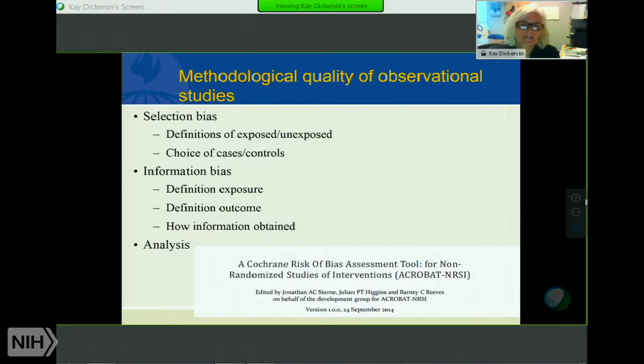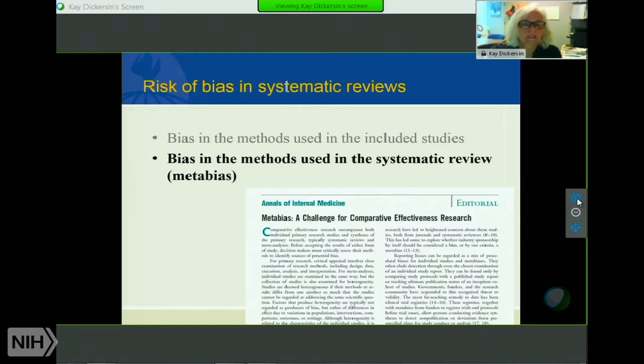But you've got the same basic problems: selection bias, information bias, and bias in the analysis. I won't go into any detail about how to assess this, but there is a literature out there. It's very difficult, needless to say, but it has to be done in a proper systematic review.